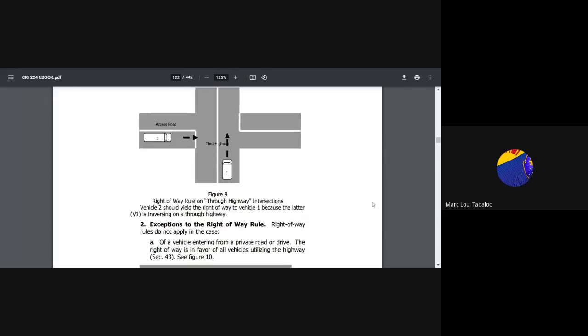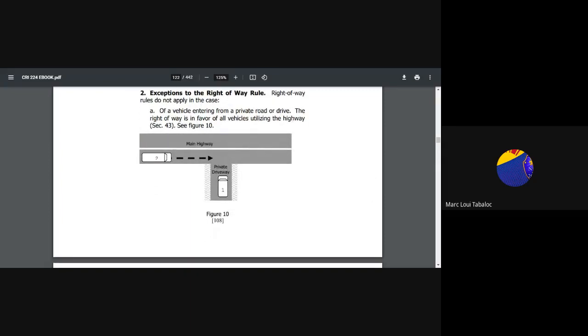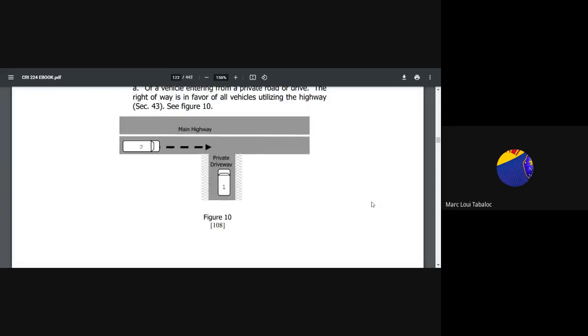But we have exceptions. Again, the right of way rule does not apply in the case of the following, according to Section 43 of RA 4136 as amended. When the vehicle comes from a private driveway or a much narrower or smaller street and is entering a main highway or main road, the right of way is with vehicle number 2, because it is traversing the main highway compared to a private driveway.